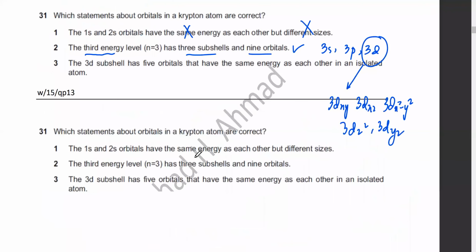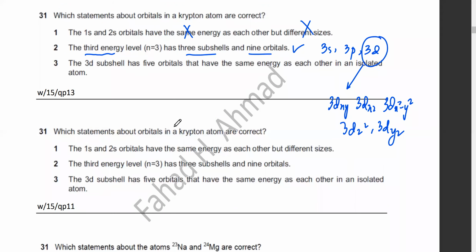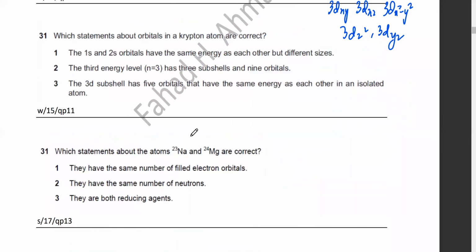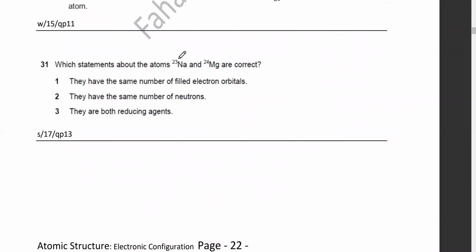So now after that, you've got 31, which statement about orbital. I think we did this already. He's talking about which statement about the atoms of Na and magnesium are correct. They have the same number. Now, Na is 11 and Mg is 12. So Na is 1s2, 2s2, 2p6, and 3s1.